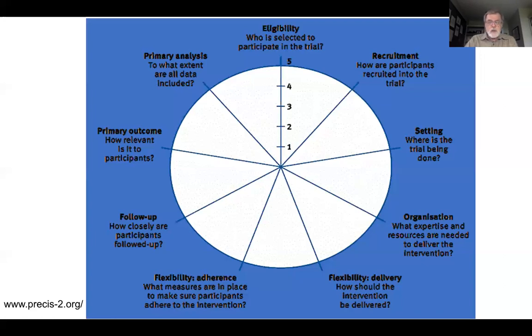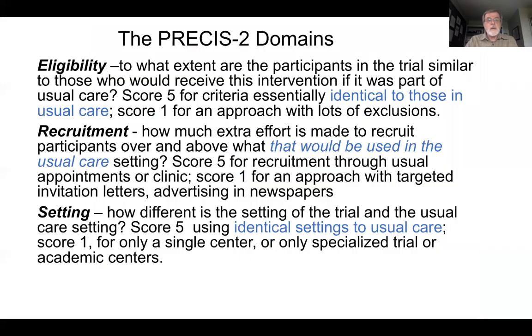So let's take a look at what this looks like. First we're going to talk about a little bit more definitions here about what these things mean. And again, I've just presented here the first 3 dimensions. But the question that you always ask yourself is the extent to which this looks like what would be done in usual care.